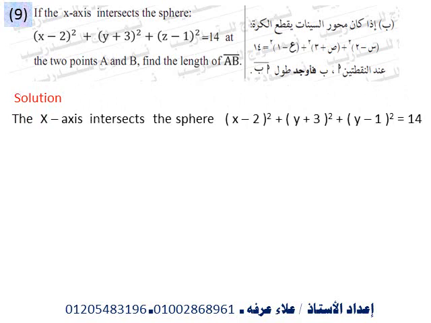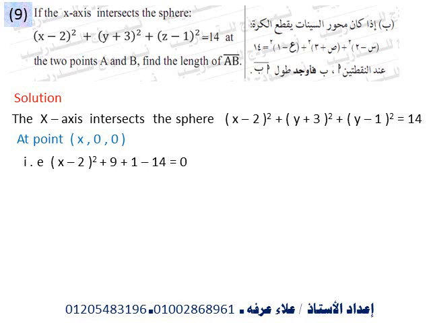The x-axis intersects the sphere at point x, 0, 0. We can get (x minus 2) squared plus 9 plus 1 minus 14 equals 0.